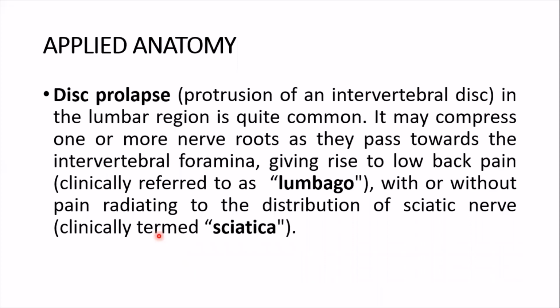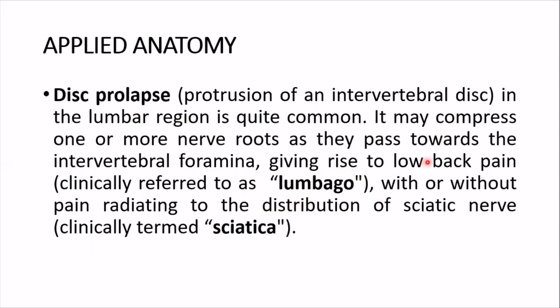So just one, two sentences about the applied anatomy over here. Very, very important is disc prolapse, protrusion of an intervertebral disc. Of course, the central portion, the nucleus pulposus, in the lumbar region is quite common. Actually, this is the lumbosacral region, most common. It may compress one or more nerve roots as they pass towards the intervertebral foramina, and the resulting condition is lumbago, right?